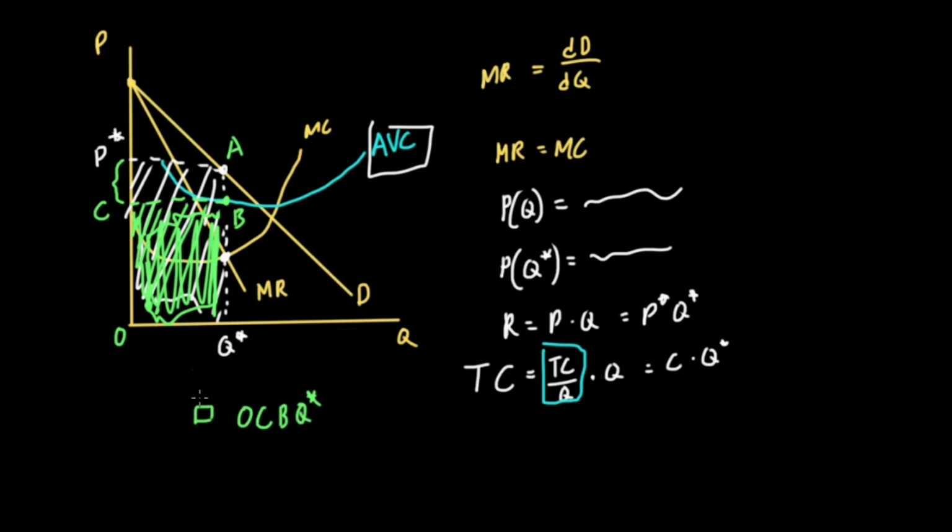The revenue of the firm is, to be consistent, let's start from 0: 0 P star A Q star. That's its revenue. And the profit of the firm is the difference between these two, which is this white area right here, C P star A B. That's the profit of the firm. And so in this case, because profit is positive, revenue is greater than cost, the firm would continue producing.